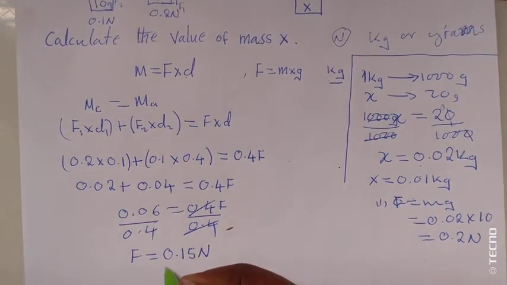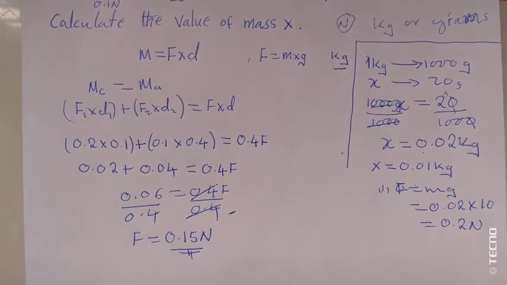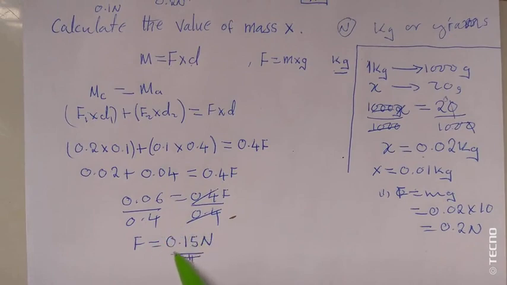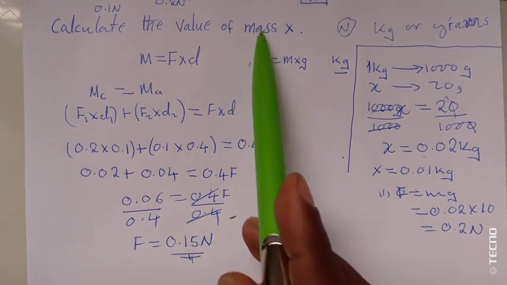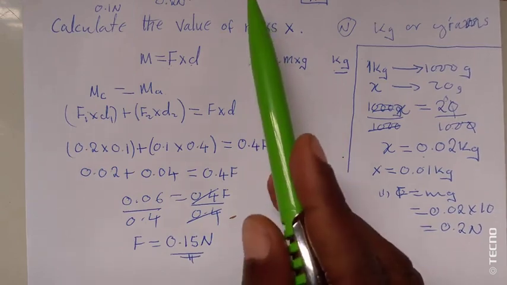So this is the force, 0.15. But what you should know there, the question is not about us finding the force, it's about finding the mass. So now we are going to use this to find the mass.